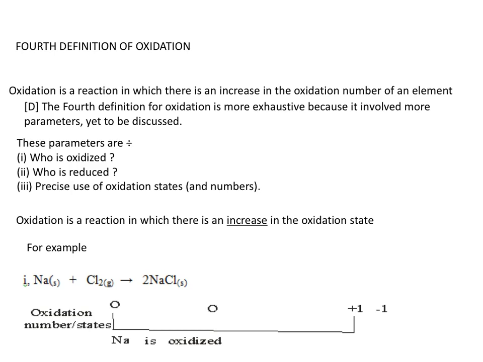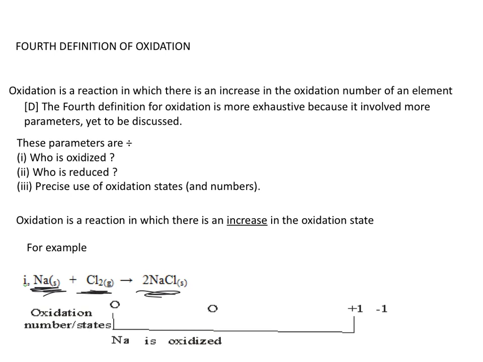For example, 2Na plus Cl2 will give you 2NaCl. Oxidation number, oxidation state, you have Na at this state the oxidation number is 0, but here the oxidation number is +1.